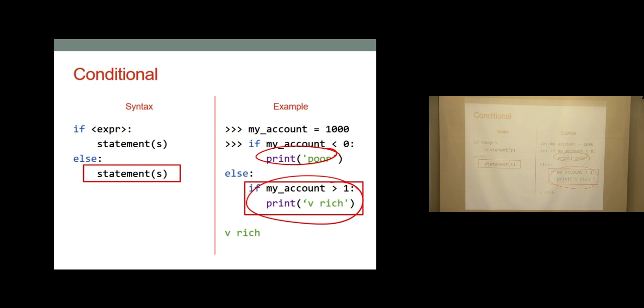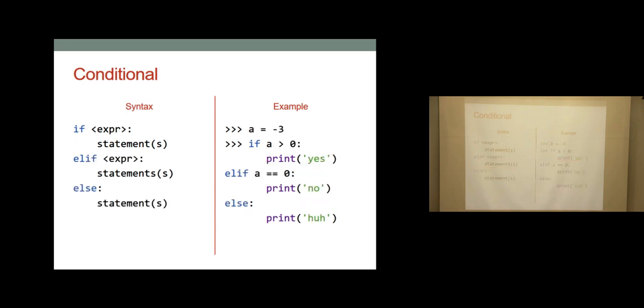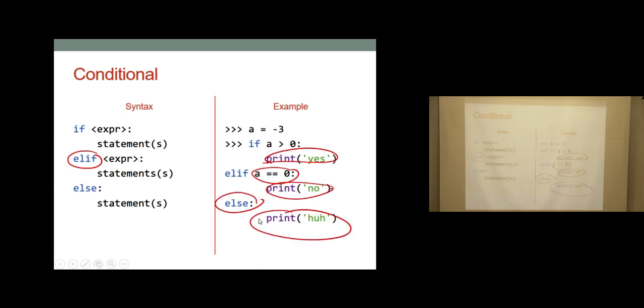So Python can actually merge these two together. That means Python likes you to do this: something called else if. If A is larger than 0, print yes. Else if A is equal to 0, print that. Else, what? So you can do this else if.